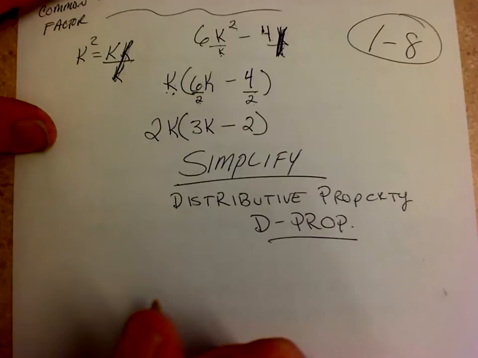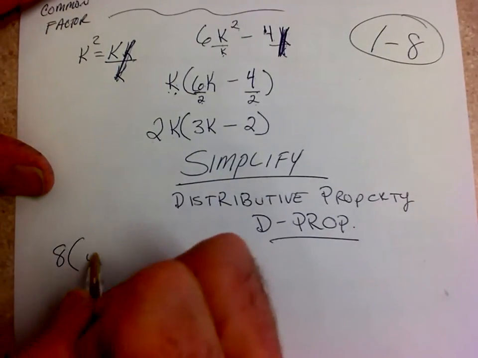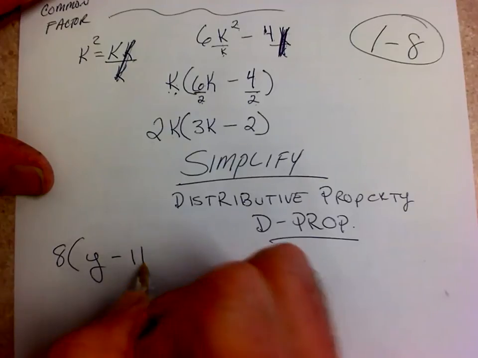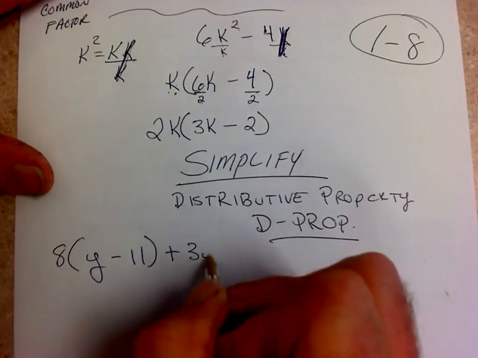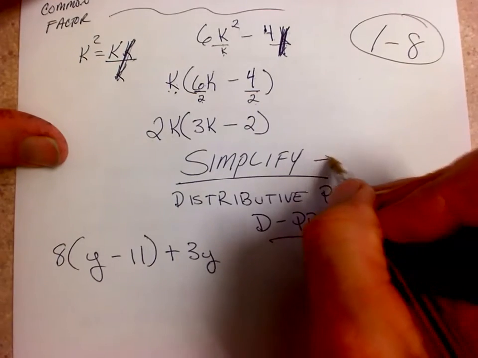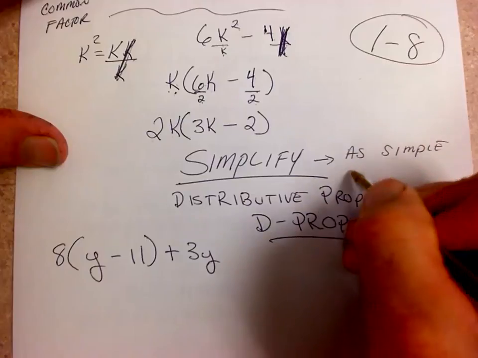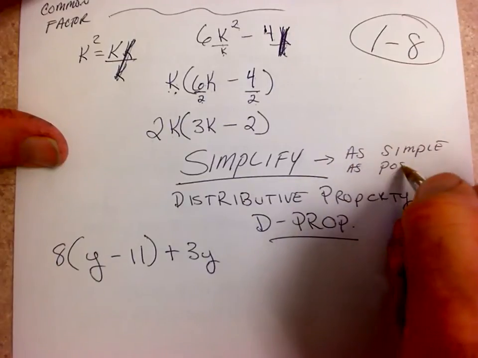Okay, as simple as possible. So if we're given an expression 8y minus 11 plus 3y, all right, as simple as possible.